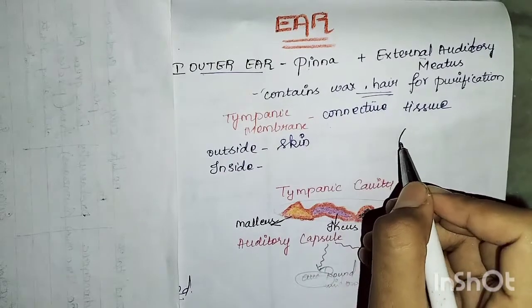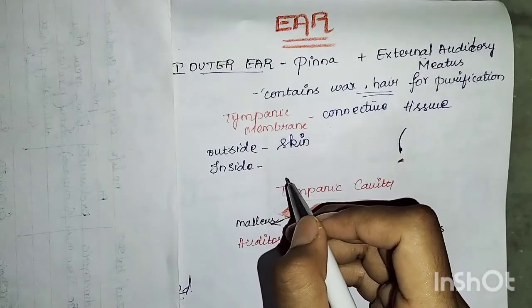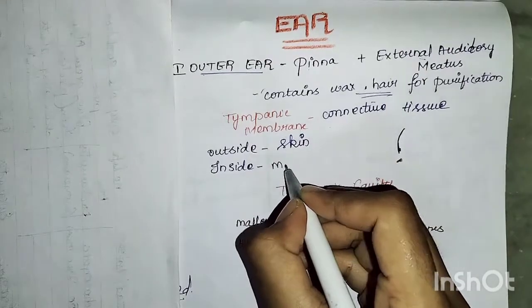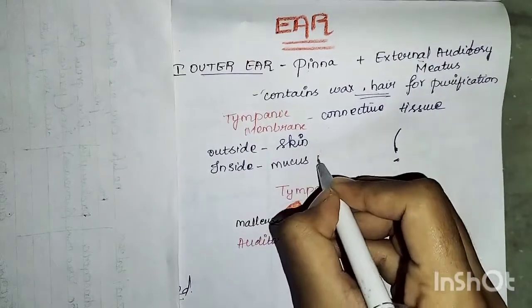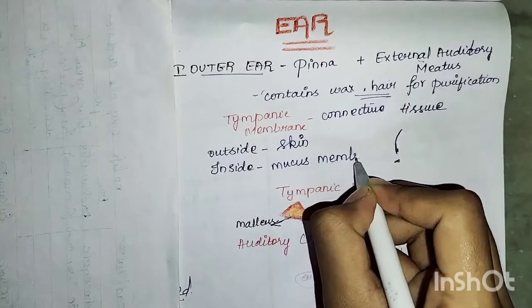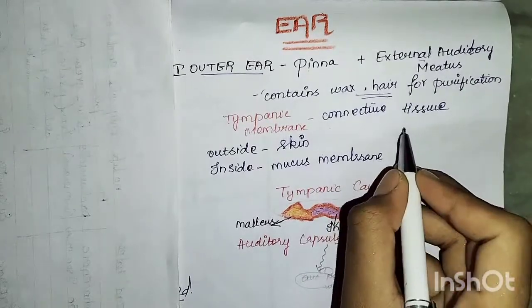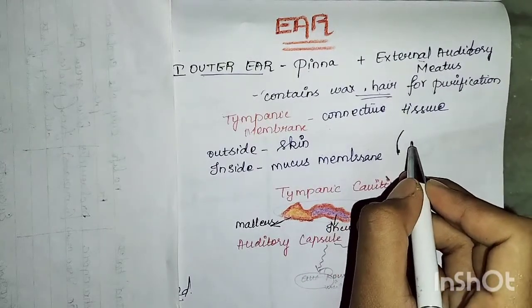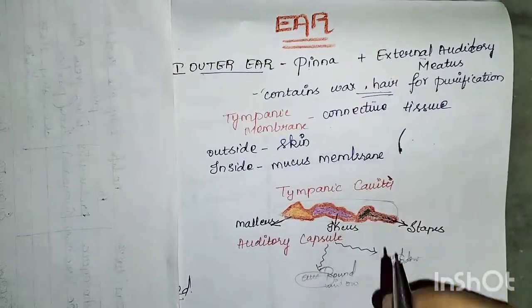The inner ear side of the tympanic membrane is made up of mucous membrane, a mucus secreting membrane. Clear? The outside is skin and the inside, which connects to the inner ear, is a mucous membrane.